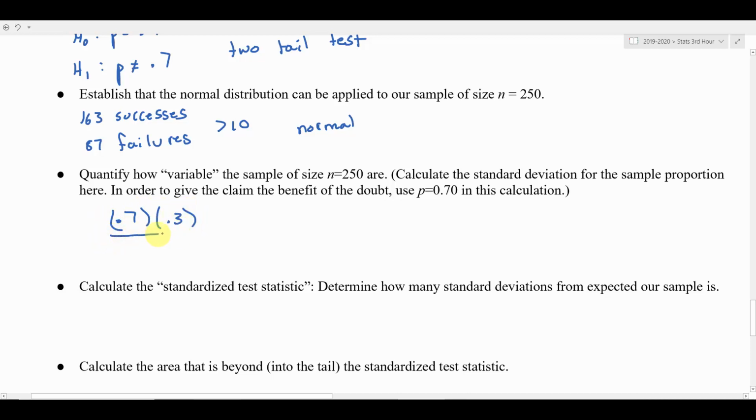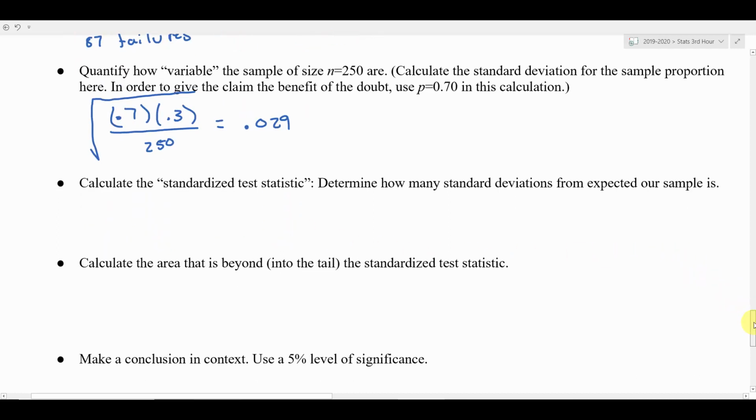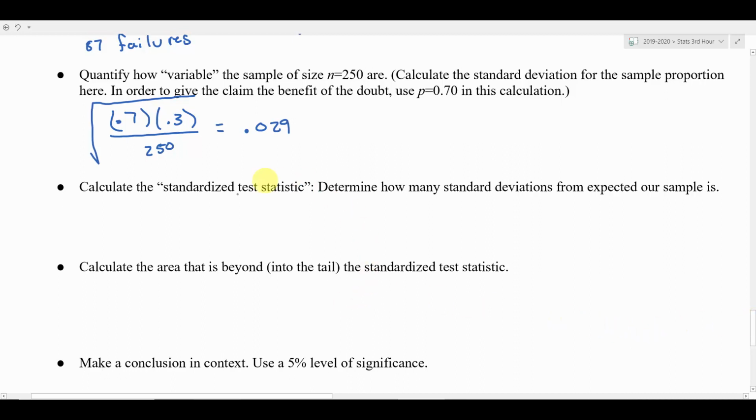We divide that by the sample size, which is 250 for this problem, and then we square root that. If you do that correctly in your calculator, you should get a standard deviation of 0.029. That is the standard deviation for the distribution that we are using.